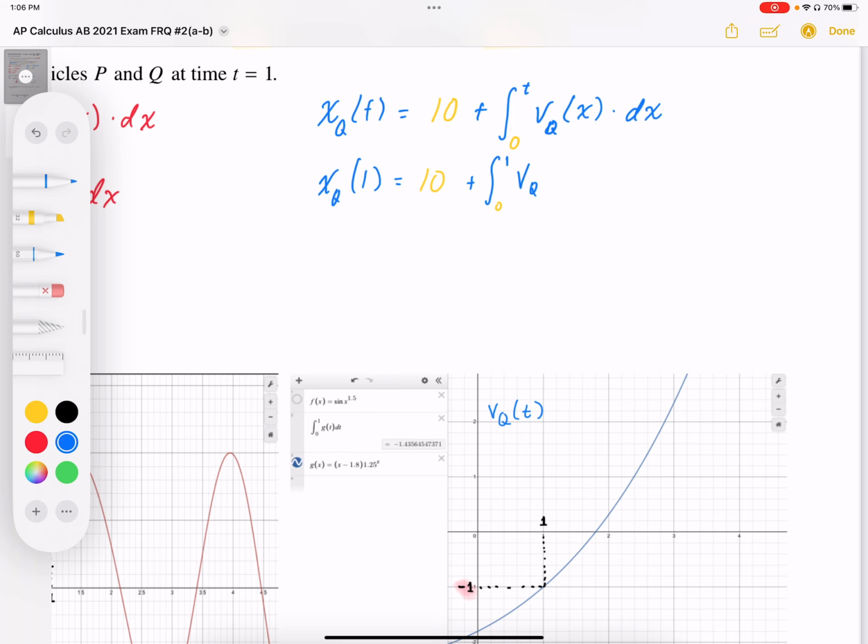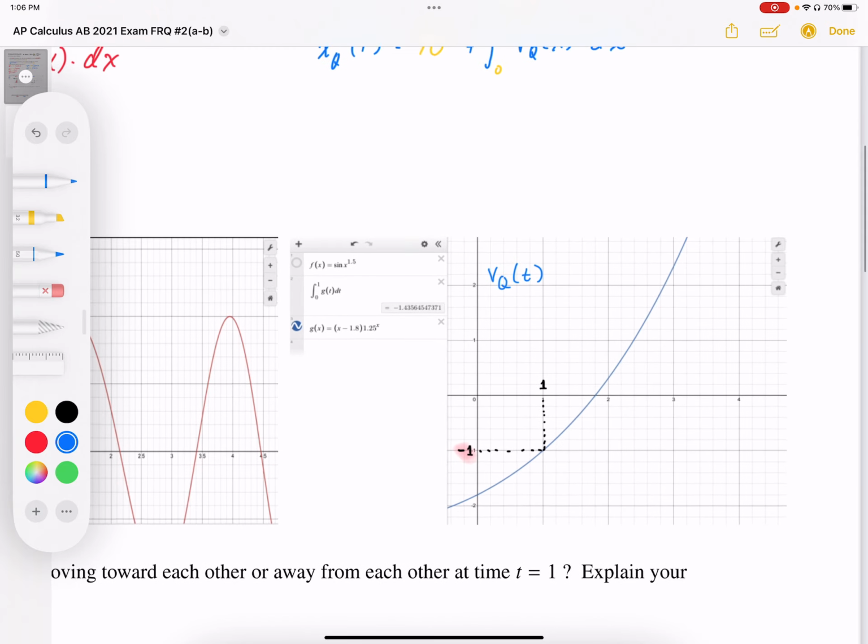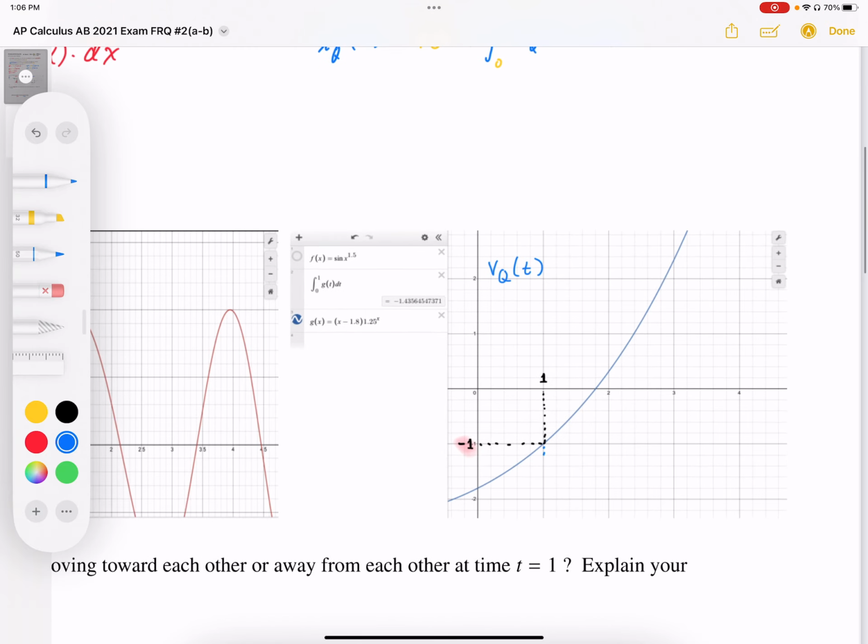And that's the area underneath the velocity function v of Q. So that area is going to be here, because it looks like it's negative velocity for that whole period. So I'm going to have negative displacement.